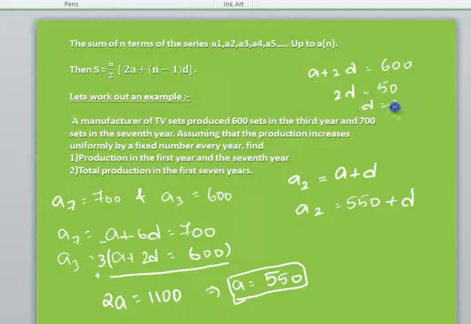And d is equal to 25 television sets, or 25 is my common difference. So 550 plus 25 gives me 575 TV sets in the second year. Similarly, A3, A4, A5, A6 and A7 can be found out and can be substituted back in this formula S, that is the sum of n terms, and the total production could be found out. Hope you've understood. Thank you.